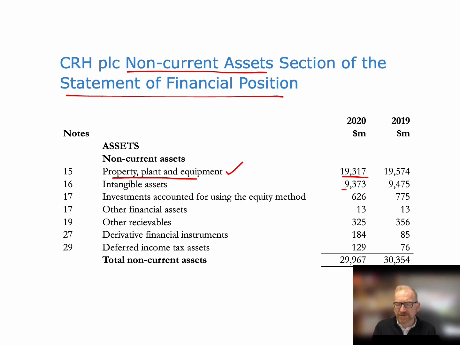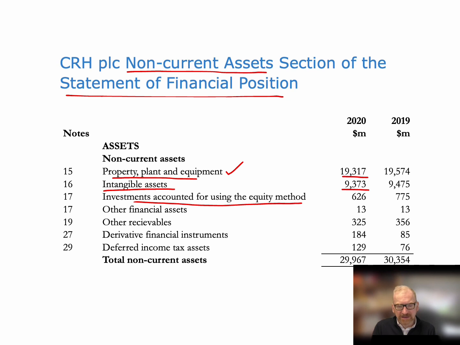CRH also have an amount of intangible assets. This is mainly made up of the goodwill asset that I spoke about earlier. Again, we'll defer talking about where that asset comes from. Investments accounted for using the equity method. Well, these are what I referred to on the last slide as long-term investments. Investments in companies that we have a significant holding in, but not enough to consolidate them in with all of our group companies.